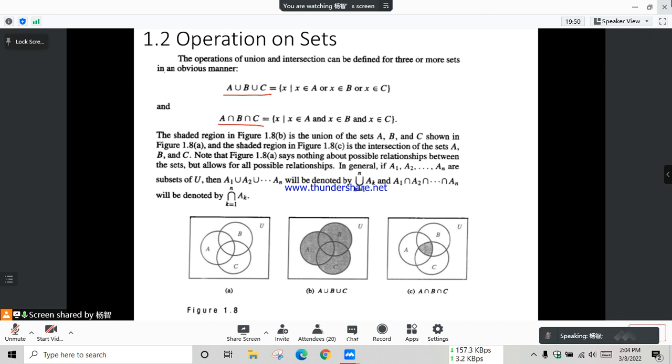If there are four sets A, B, C, D, you can write A union B union C union D. And we must make sure that all the elements satisfy the definition.